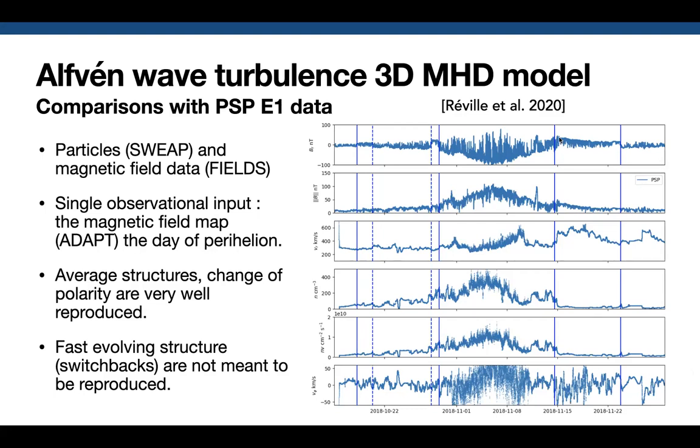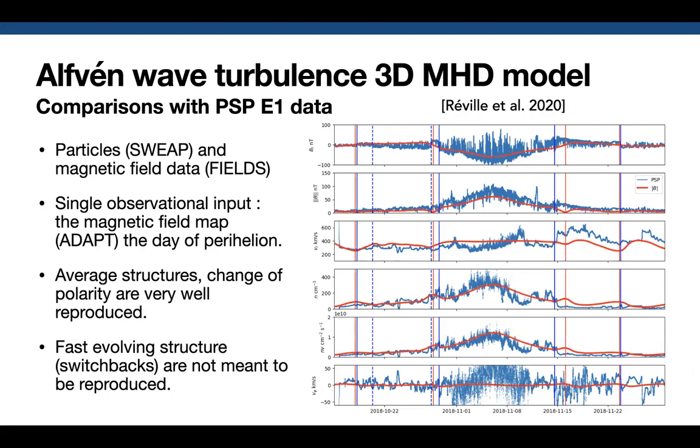And the vertical lines are the HCS crossings, when the probe was actually seeing another polarity for the magnetic field, not accounting for the switchbacks, which are all these structures that you can see here, for instance, at the period where you have a positive magnetic field but you do not have, per se, a crossing of the HCS. I mean, you do not have a crossing of the HCS at all.